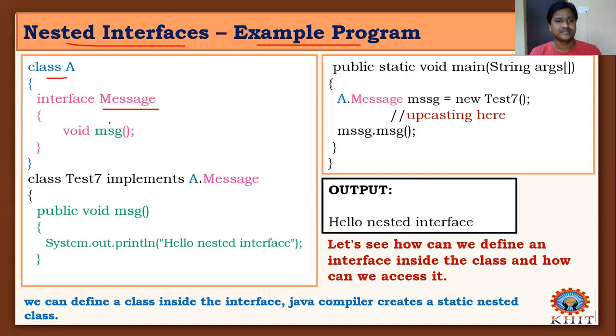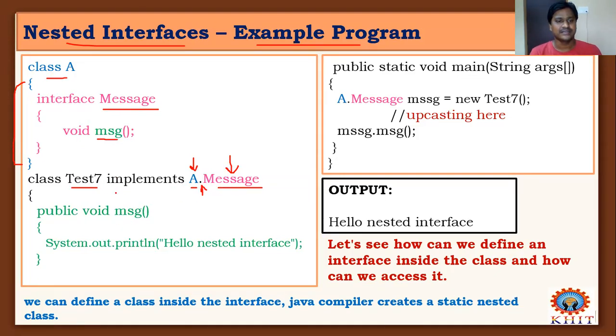So here one interface is defined in one existing class, the same class A, and the interface Message defined in the scope of this class A has one method. Here the Test7 class is implementing this Message interface defined in class A, the same way: class name followed by the dot operator and followed by the interface name.